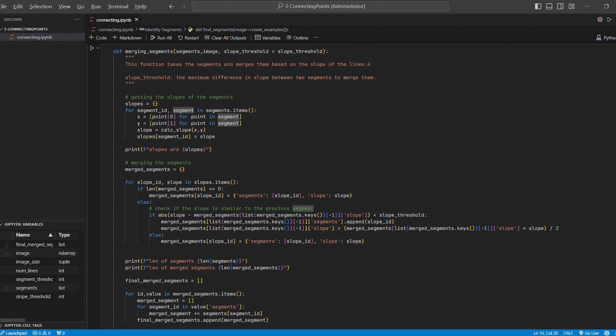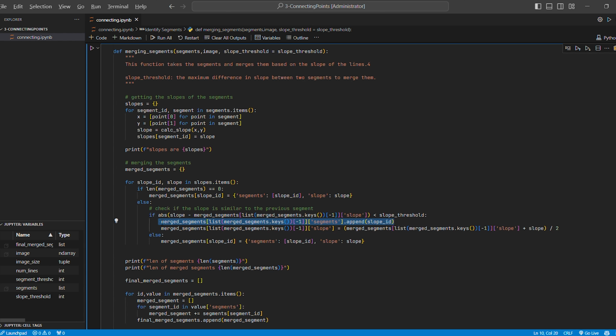If the difference between two segments is less than some threshold, then we consider it the same line. So here, if the absolute difference between the slope of the segment we are considering and the slope of the segment already in the merged segments is less than the slope threshold, then we add the segment.